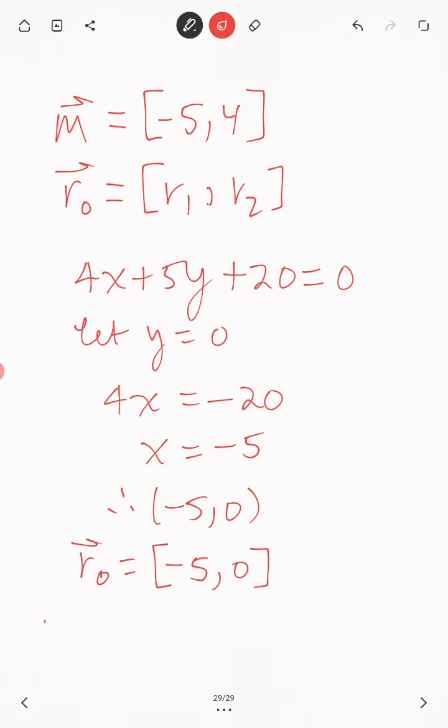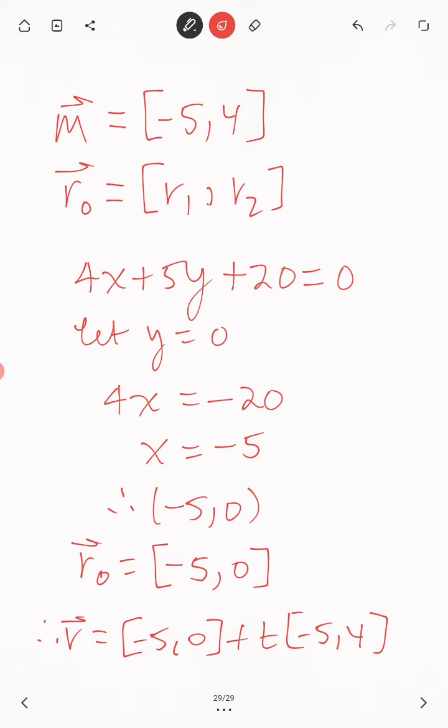And so therefore, the vector equation of this line can be written as negative 5, 0 plus t times direction vector negative 5, 4. That's one possibility, but remember there are always infinitely many possibilities for the vector equation of a line.